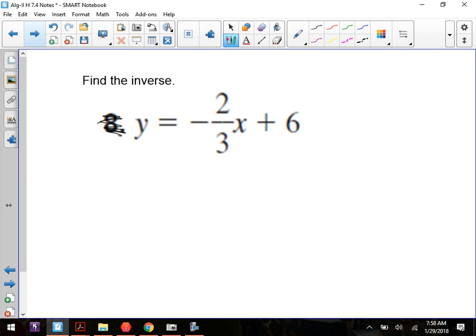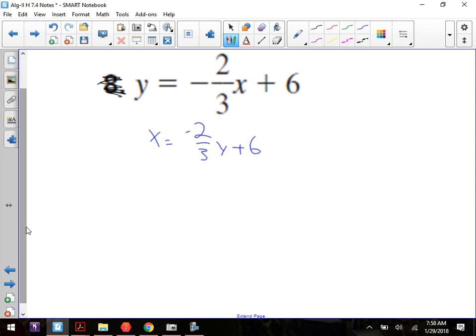As you get into these things, it's not going to be horribly scary, especially when you start working with the linear stuff. When you flip-flop x and y to start, you just have to watch when you have the negative, make sure you bring the negative along with it. So you'll have x minus 6, negative 2/3 y. How do you undo multiplying by a fraction?